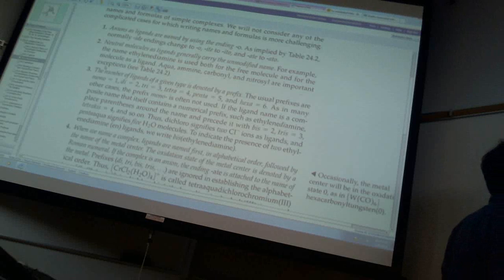This molecule is the ethylene diamine, and this is an example of a bidentate. Now, amine here is spelled with one M or two M's? One M. This is an example of a bidentate. It bites into the central metal with two atoms.